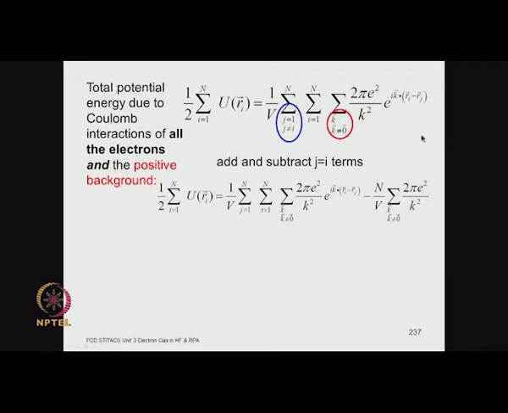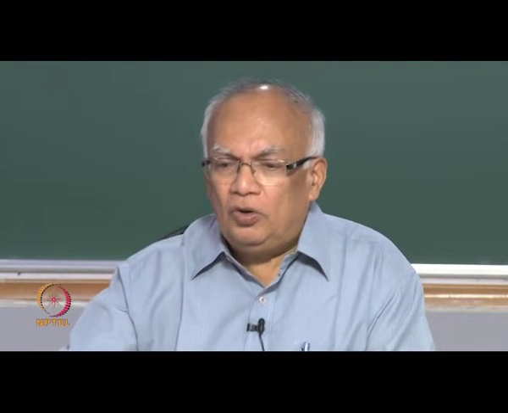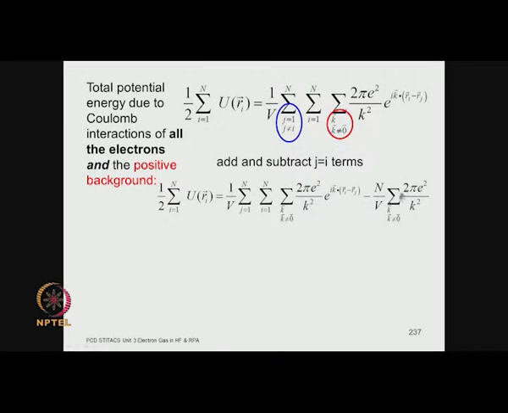This is coming from the self energy, because for j equal to i you have essentially the self energy. So what you have added is what you have subtracted, and what you have subtracted is the self energy. So this is the term that you have to subtract.